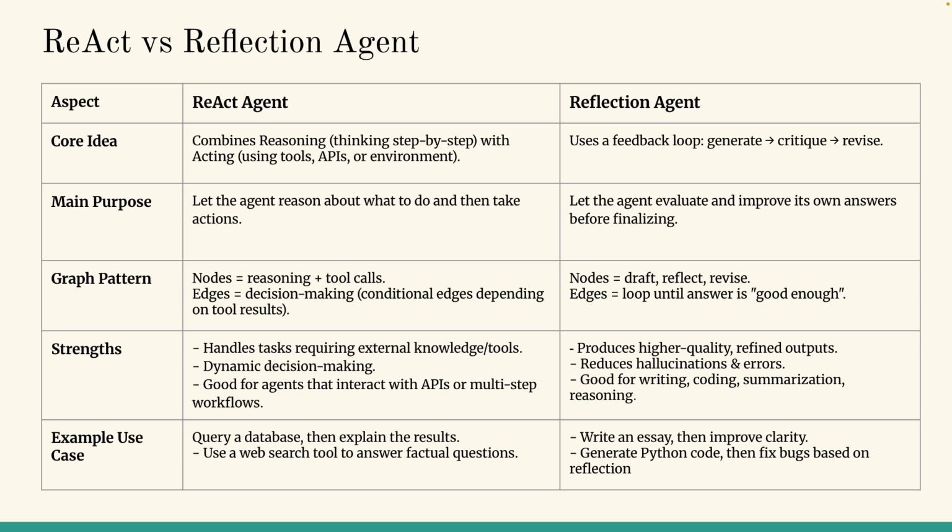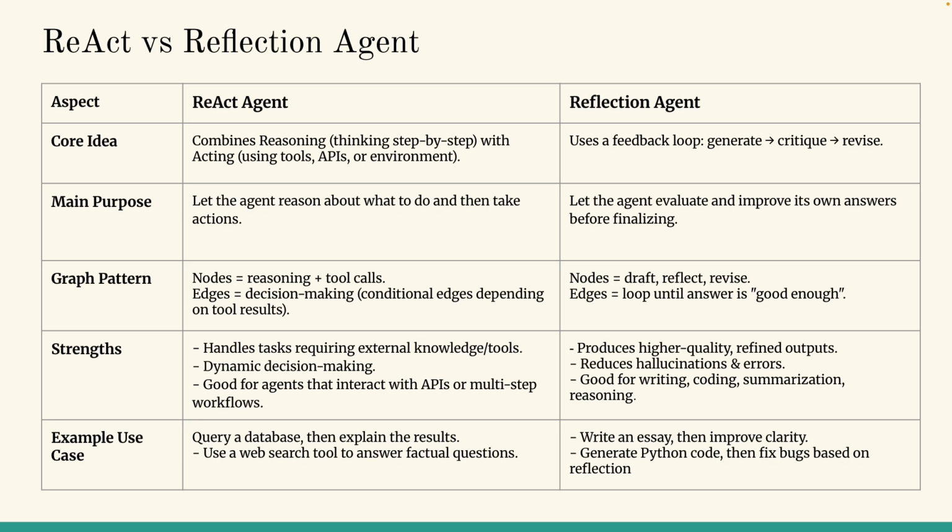For the Reflection Agent, the strengths are that it produces high quality refined output and reduces hallucinations and errors. As you know, hallucination is a major problem in LLM outputs, so through multiple iterations it can eliminate hallucination and errors. This is good for writing, coding, summarization or reasoning. More prominent use cases for React Agents are querying a database and then explaining the results, or using a web search tool to answer factual questions.